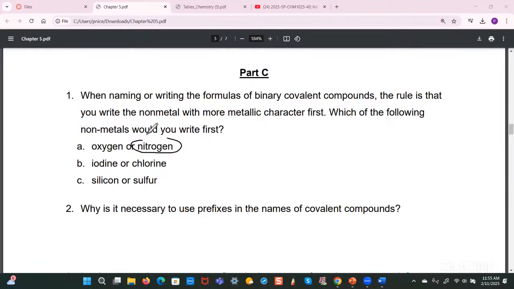What about iodine and chlorine? Which one would you write in the formula first? In other words, which one is less electronegative?